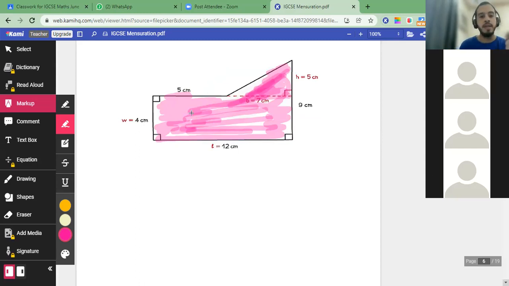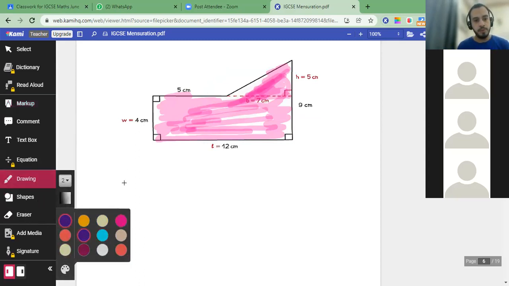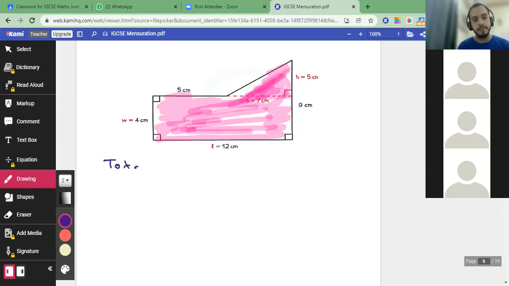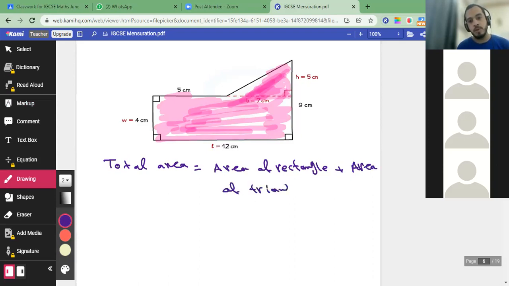So we say here that the total area equals area of rectangle plus area of triangle. Area of triangle, correct. Then you start from the triangle, no problem. It equals what? Half.